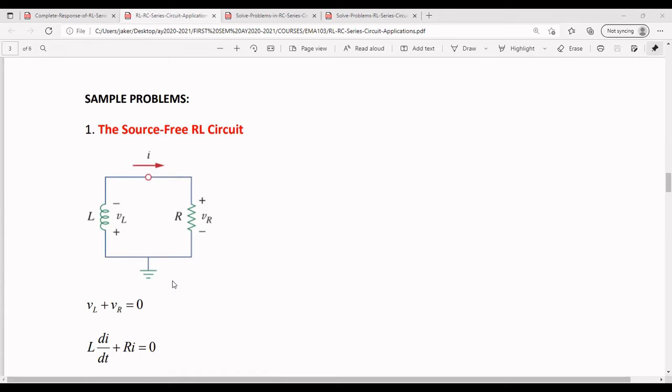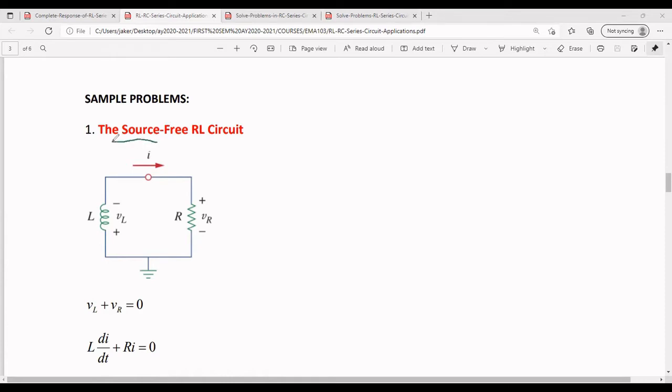Okay, so we start here with the source-free RL circuit. This is our first sample problem. If you look intently in our source-free RL circuit class, the term source-free, what is its implication to you?